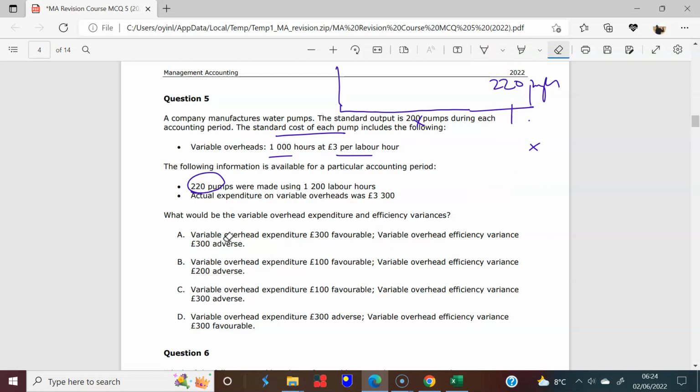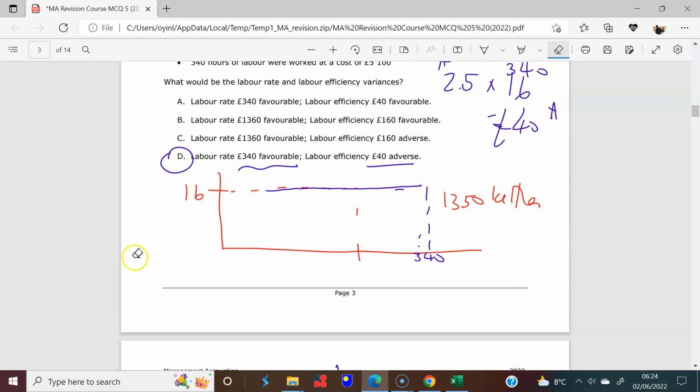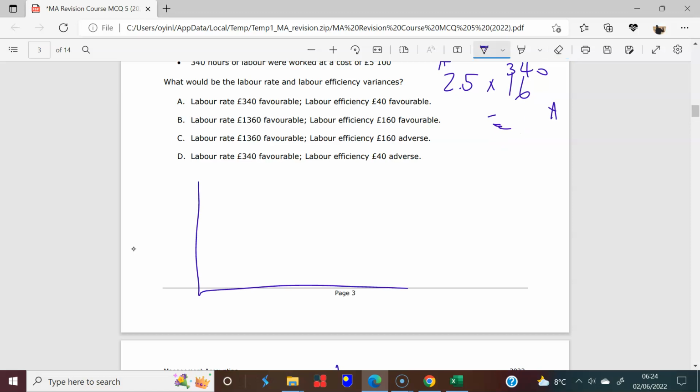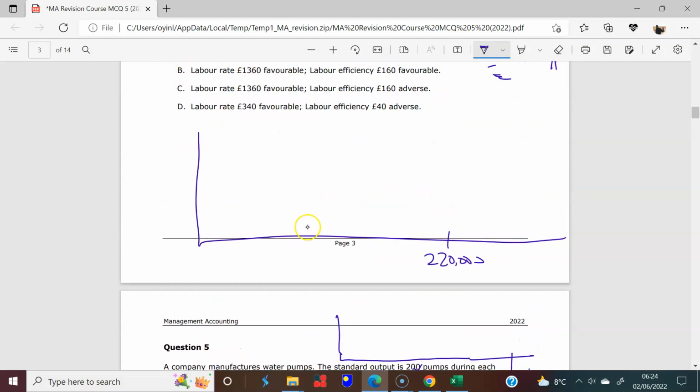So I need 220,000 hours. And the question does say that you're paying £3 an hour.